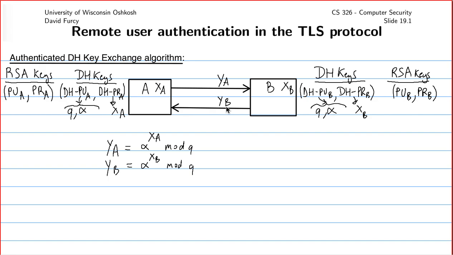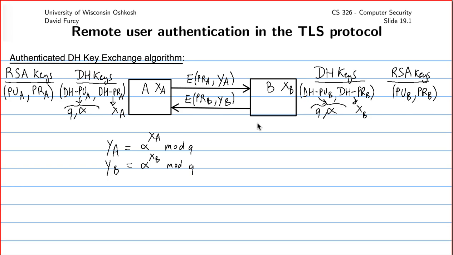Now remember that in the authenticated version of this algorithm, to make sure that each party is authenticated to the other party, they're going to encrypt each one of their messages with their private key. So Alice is going to encrypt y sub A with her private key, because here we're talking about authentication. And Bob is going to sign or encrypt with his private key the value of y sub B that he sends over to Alice.